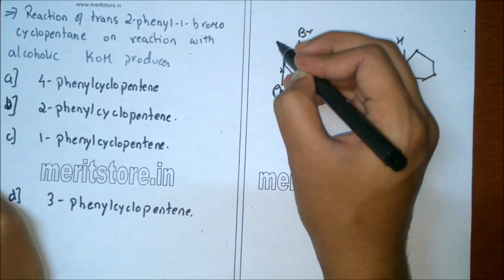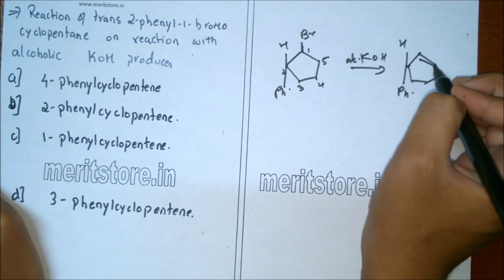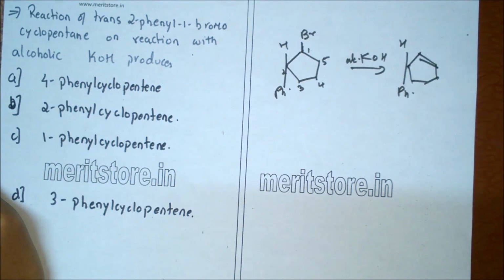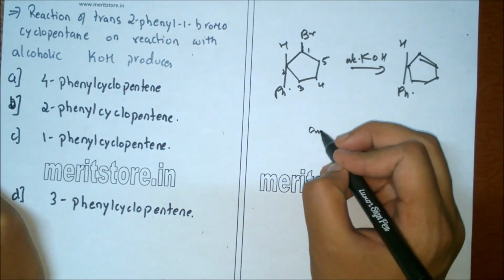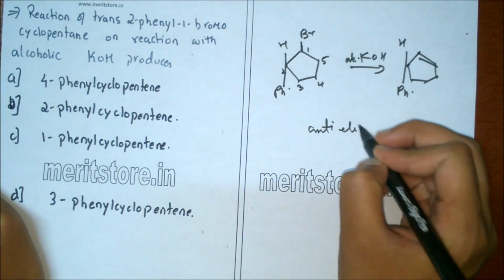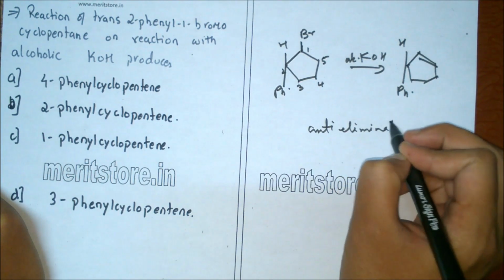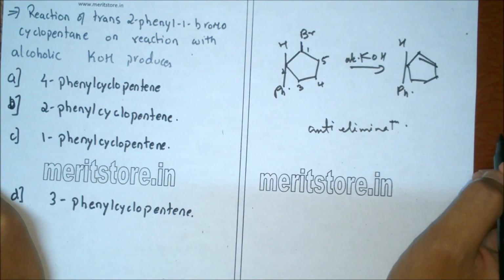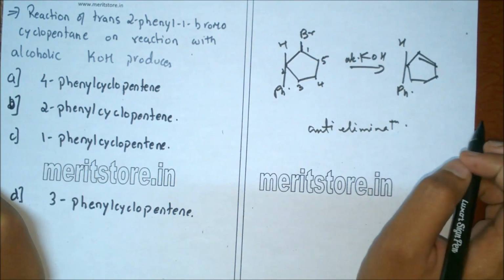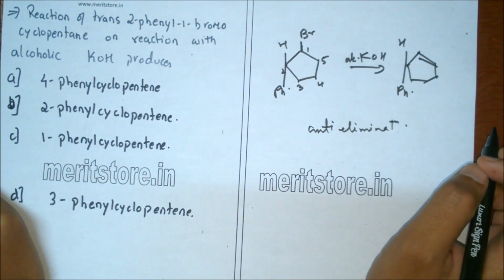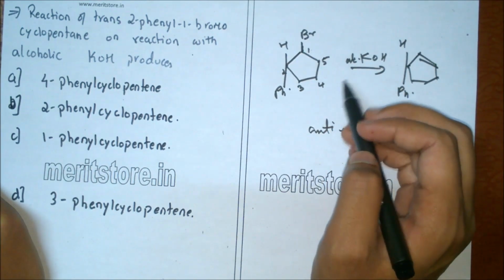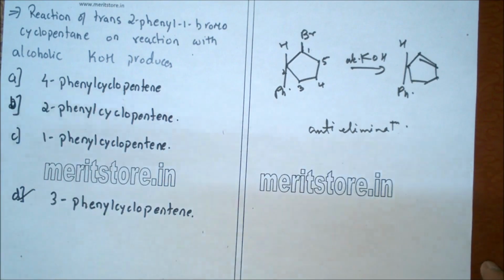Here is hydrogen and the double bond is formed here. So 3-phenyl cyclopentene is formed. It is an anti-elimination reaction. So a hydrogen atom from second carbon cannot eliminate as it is in syn position, rather the hydrogen atom at fifth carbon position. So option D is the correct answer.